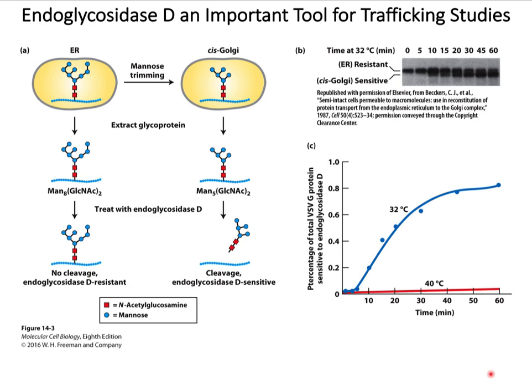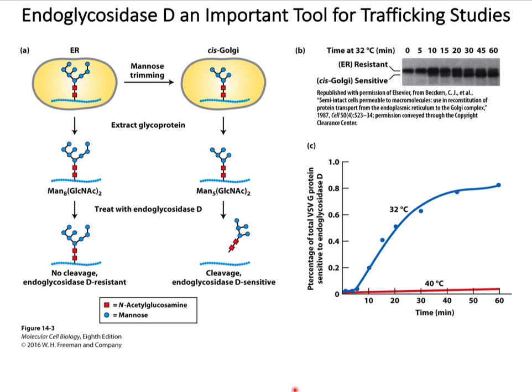So let's first talk about the protocol of the experimental process, how it is really done in real life. In this experiment, a viral membrane glycoprotein is being studied, which is folded and glycosylated the same way as any other secretory protein. It is a membrane glycoprotein of the vesicular stomatitis virus, an animal virus, or VSVG in short.